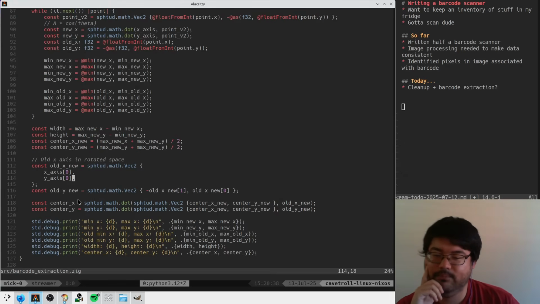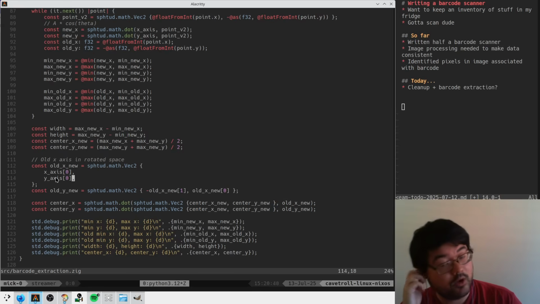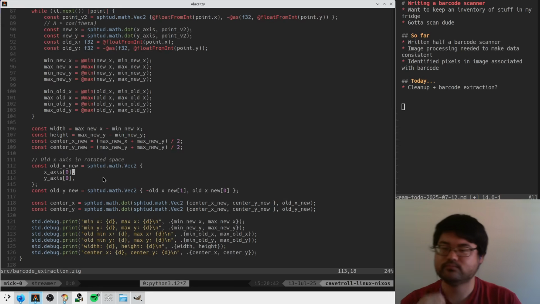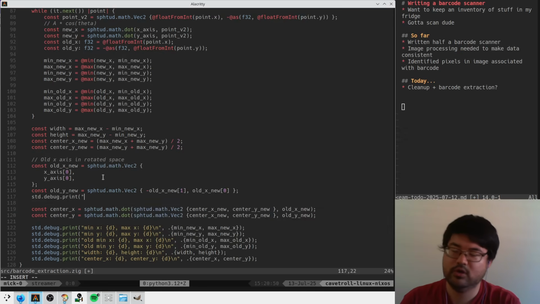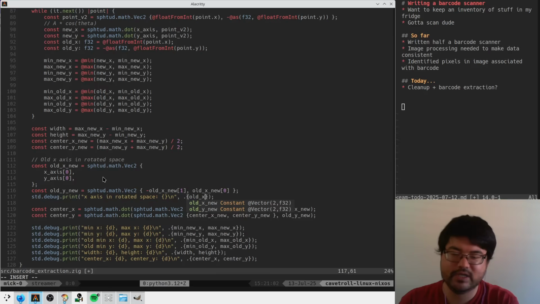What am I doing wrong here? Can we look at these values? The old x-axis in rotated space should be old x new.